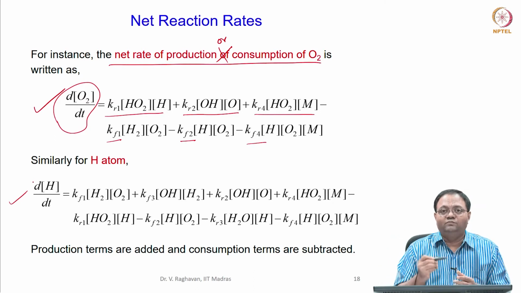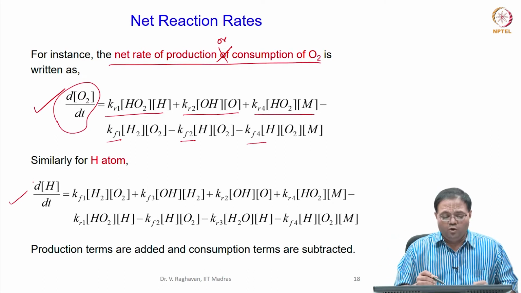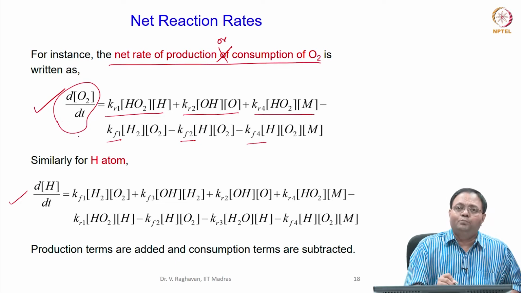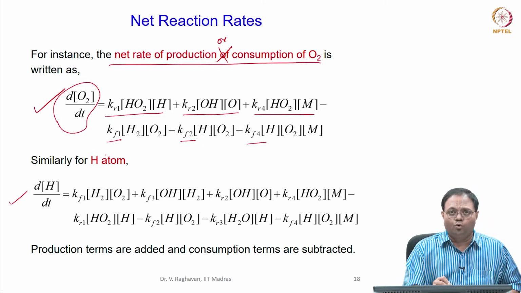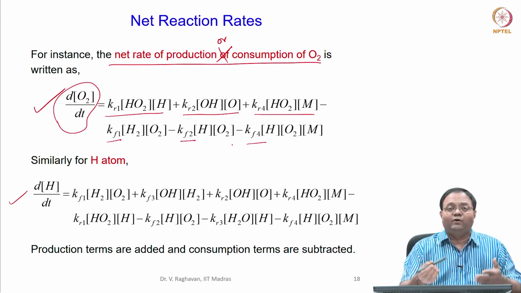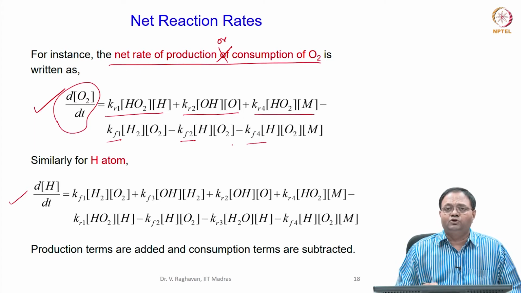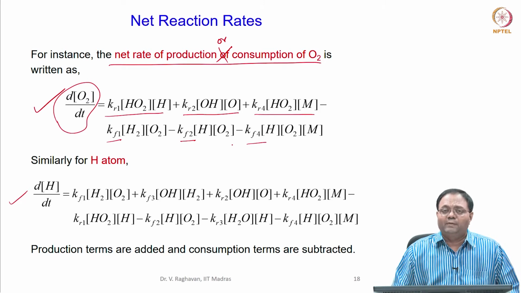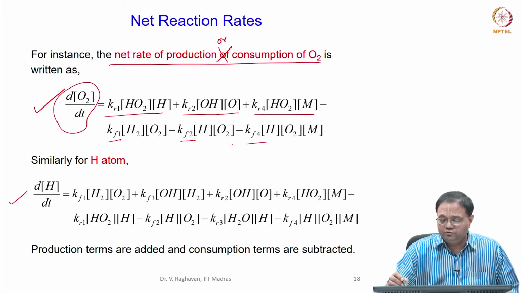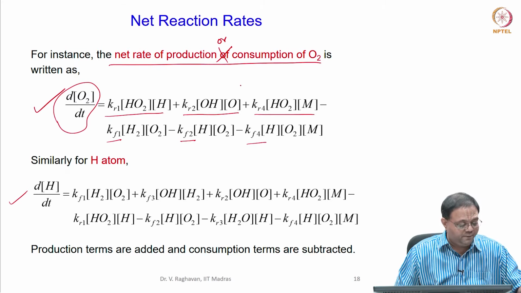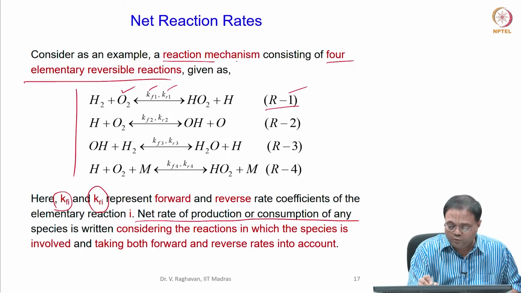So, based upon this, for the conservation of O2, I need the net rate of production or consumption of O2, that is got by this. Similarly, for every species involved in the multi-component mixture or the chemical kinetic mechanism, we have to do this. So, this is very important to calculate from the mechanism.